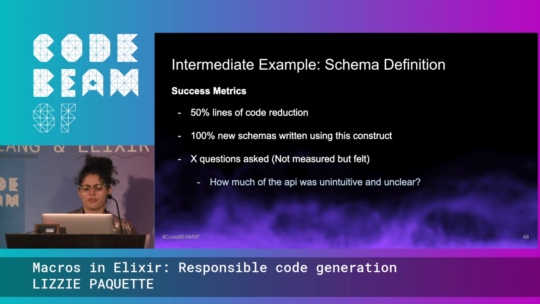We wanted 100% of new schemas that people were writing to use our construct. So we wanted really strong adoption. And then we were gauging how many questions were asked to tell how much of our API was unintuitive and unclear. So were we building something that was really useful for people, or was it kind of heavy and burdensome? Maybe we made some wrong design decisions.